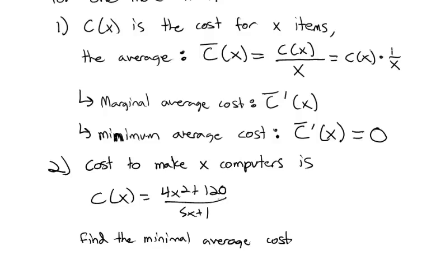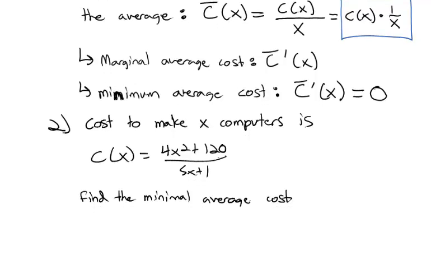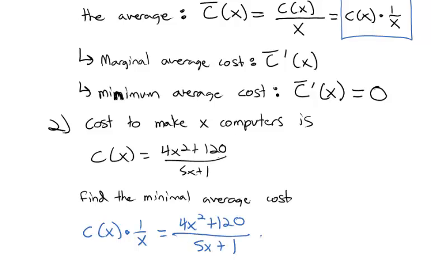Well, first we need to find the actual average cost. This is the total cost, the cost to make x computers. And remember, the way we get the average cost is we multiply by 1 over x, or we divide by x. So that's what we're going to do here: C of x times 1 over x is equal to 4x squared plus 120 over 5x plus 1 times 1 over x.